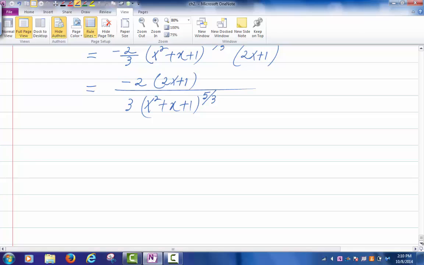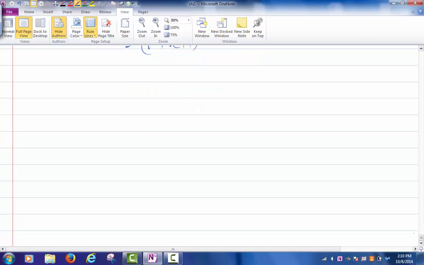Now, in practice, in many places people write the chain rule in a different notation. So let's let y be the function g of x, and let's let z be the function f of y, right?